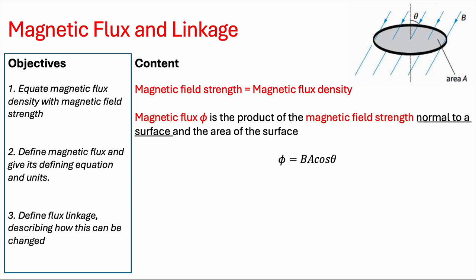Now, where this gets a bit tricky is the definition of this angle. What we do is we imagine our surface here. We then imagine a line pointing at 90 degrees, in other words, a normal to that surface. And we measure the angle between that normal and the field itself. So if we had a field which was vertical passing through, our theta would be 0.